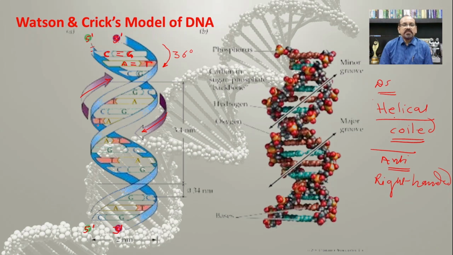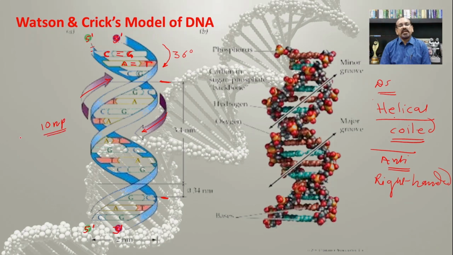If we see the total number of nitrogen bases which are responsible to complete one complete turn of this helix, then from this point to this point there is a formation of one complete turn, and in this one complete turn there are 10 nucleotide base pairs.